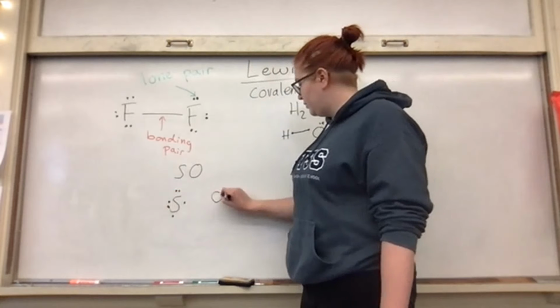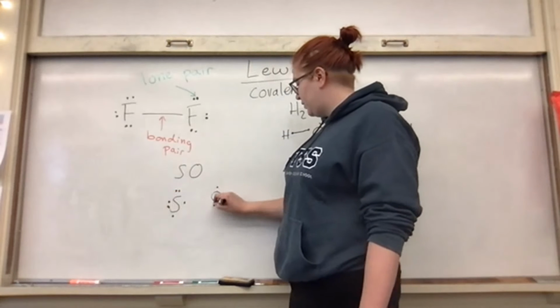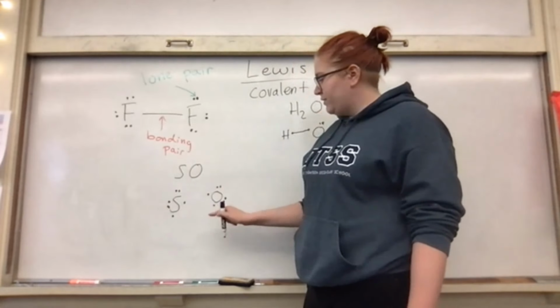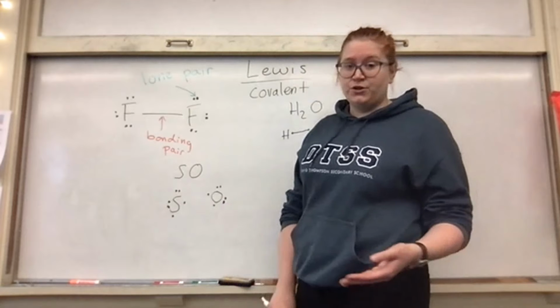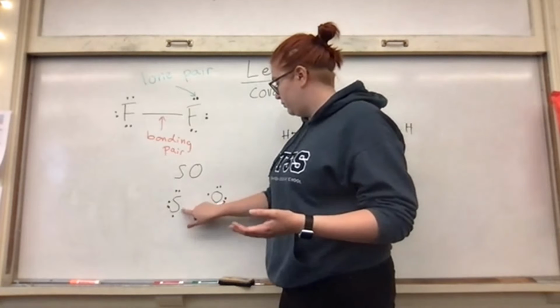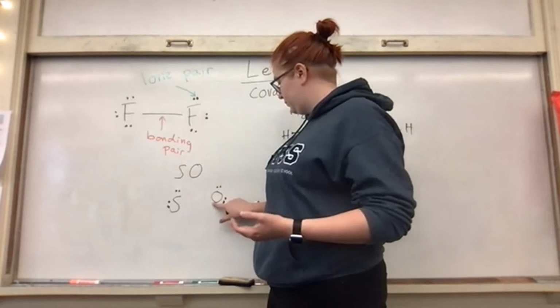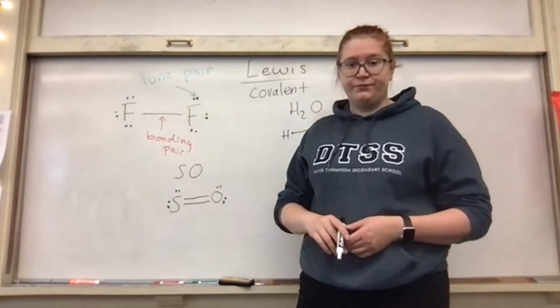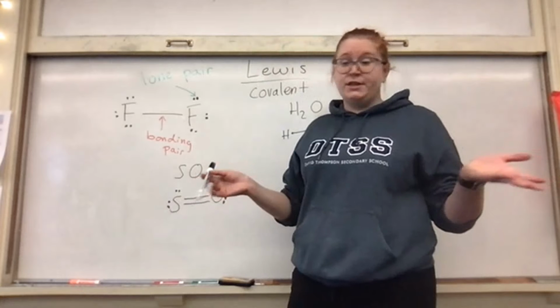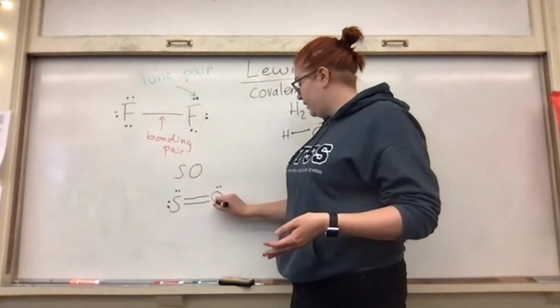Okay, here's oxygen, 1, 2, 3, 4, 5, 6. Okay, now these form a double bond. They share 2 pairs of electrons, or 4 electrons total. And what that looks like is just 2 lines. That's it. Easy.